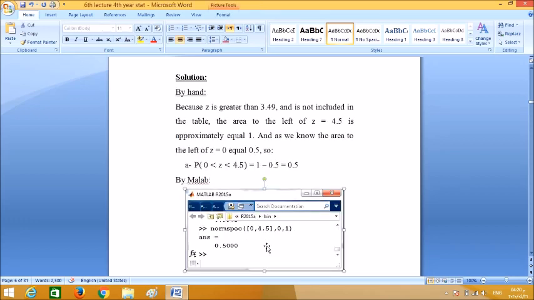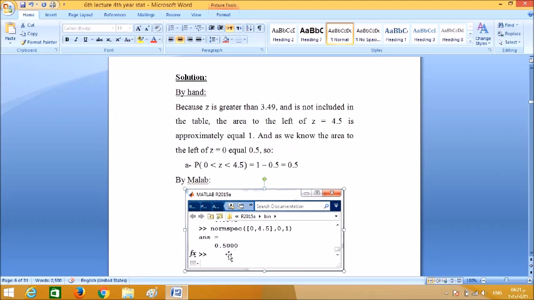By MATLAB, we specify the limits of the interval, the lower point is 0 and the upper point is 4.5, and mu equals 0 and sigma equals 1. You can write or omit these values, 0 and 1.